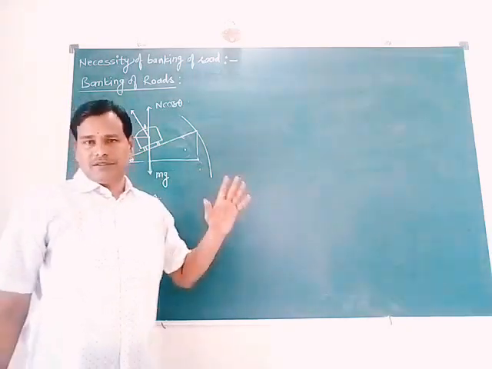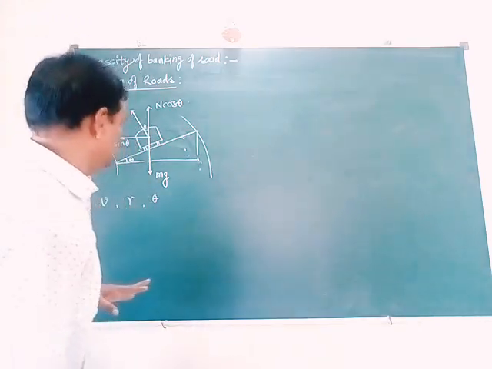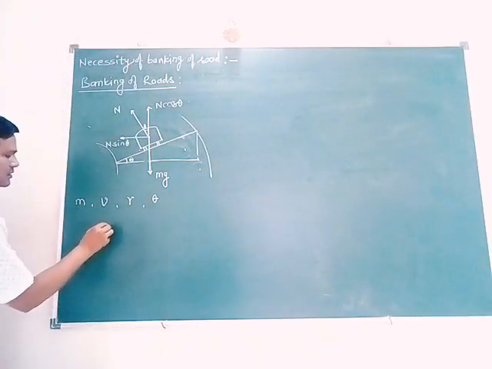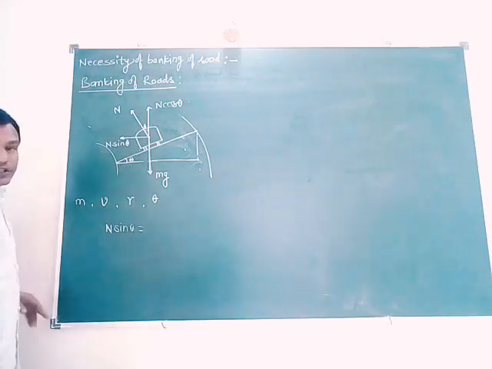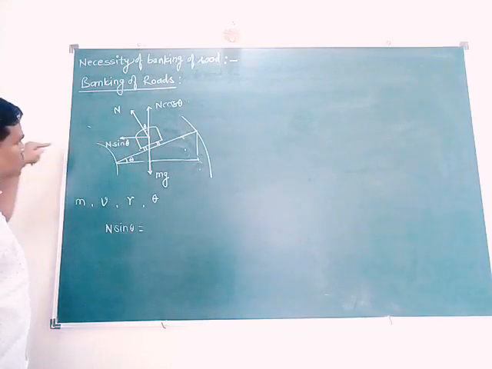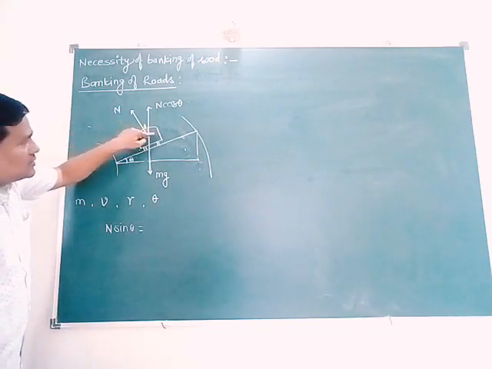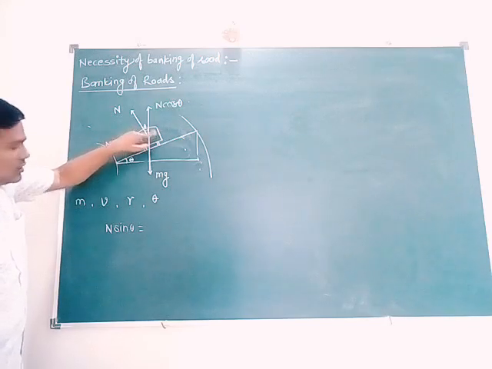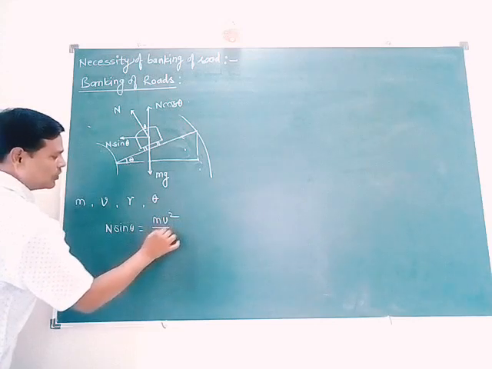It provides the necessary centripetal force for the motion. Therefore, we can write this as N sin theta is acting towards the center of circle, which provides necessary centripetal force for the circular motion. So N sin theta is equal to m v square upon r.